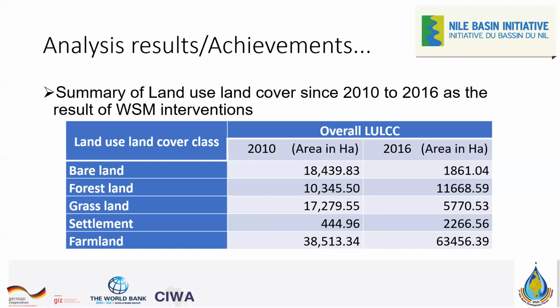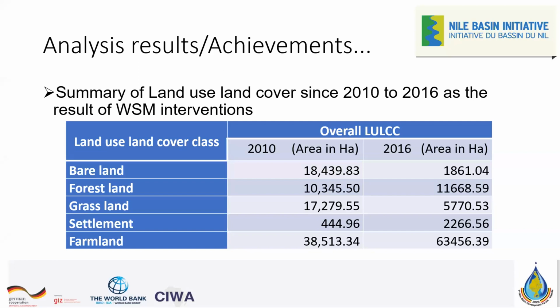This is due to the fact that the free grazing, which was previously practiced in the project intervention area, was reduced by limiting that free grazing system, confining these animals in a specified plot through a cut and carry system. So the area covered by grassland reduced to 5,000 from 17,000.